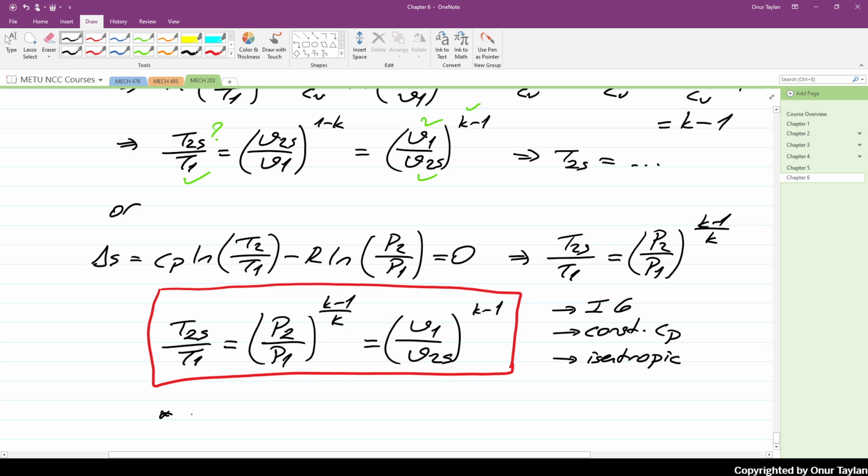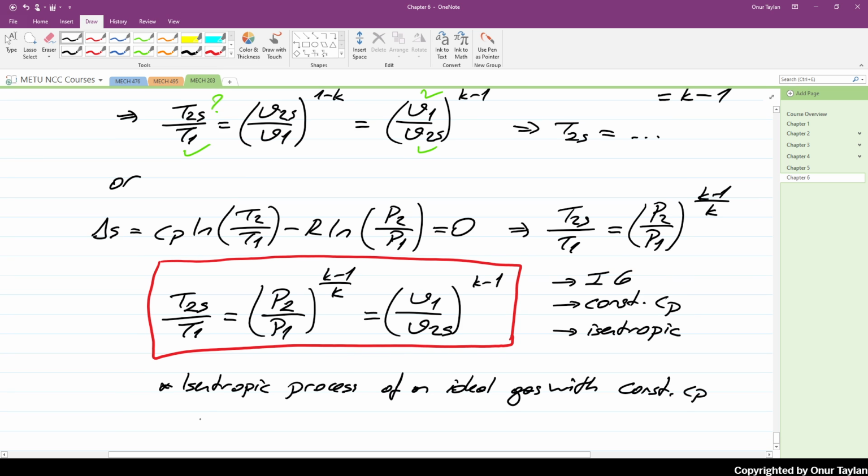And as you notice, an isentropic process of an ideal gas with constant specific heat is nothing but a polytropic process, with the polytropic process exponent equal to k, which is Cp over Cv.